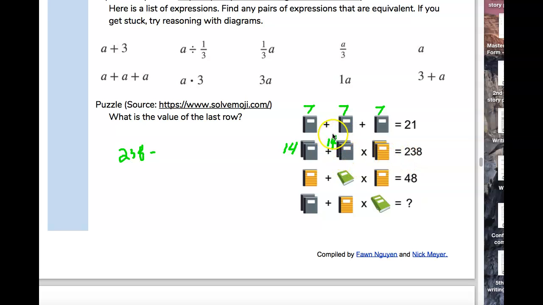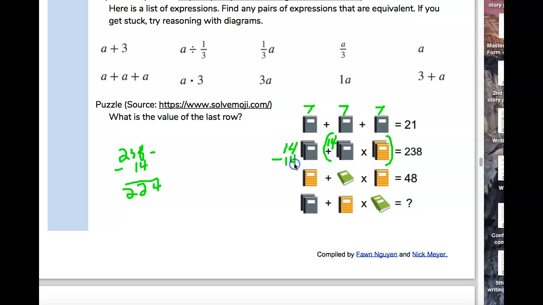so we have to do these 2 first because of order of operations. So we don't know what the yellow is yet, but we can narrow it down. We're going to subtract 14 from both sides, and that will help us. 238 take away 14 is 224. So now we have gotten rid of this, and we subtracted 14 from this side.